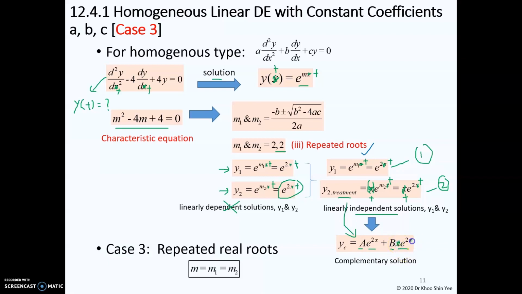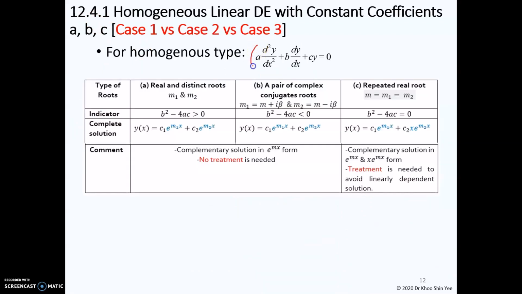So the x here, you need to be careful, you need to replace with the t. Right? So this is the final answer for the complementary solution when you change the independent variable x to t.